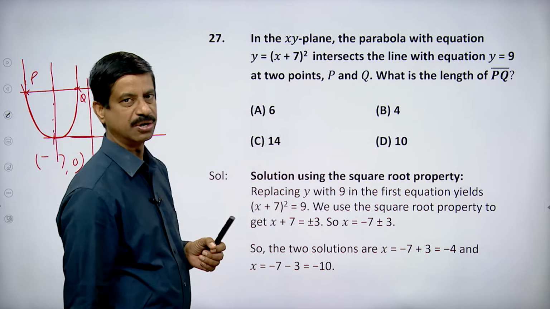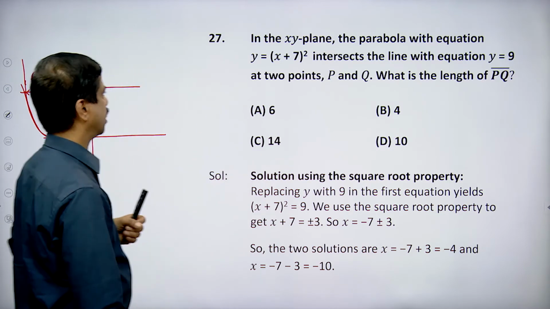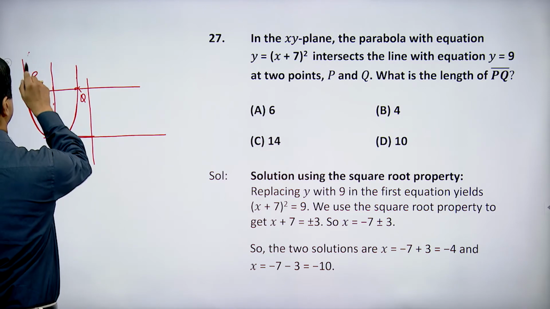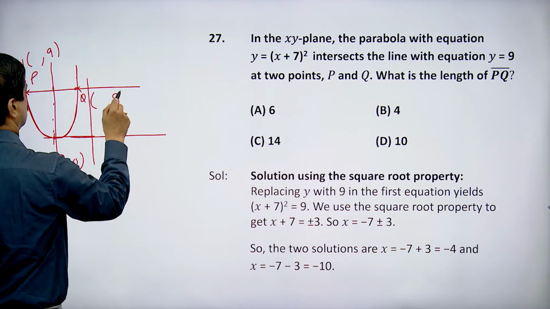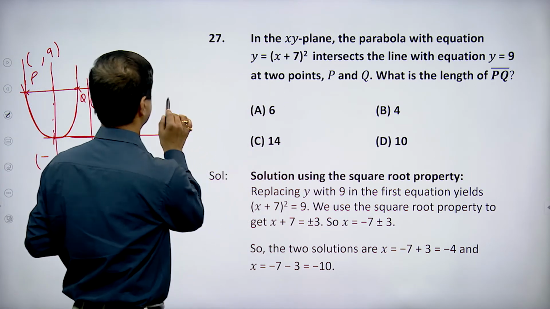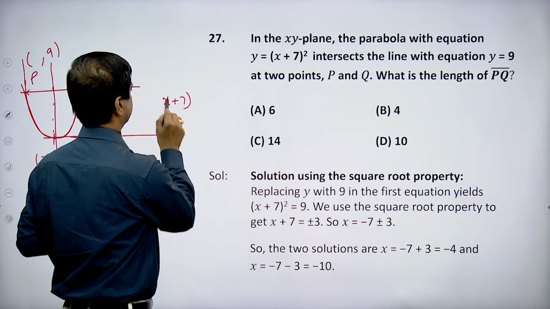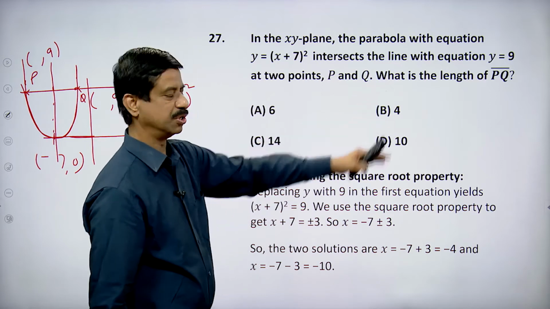What is the length of PQ? So, if we can find out what P and Q are, we can find out. Here we know the y coordinate of P is 9 and the y coordinate of Q is also 9. So I should find out the x coordinate. So you look at this (x plus 7) whole square. See, I am trying to cut short the length of the solution.